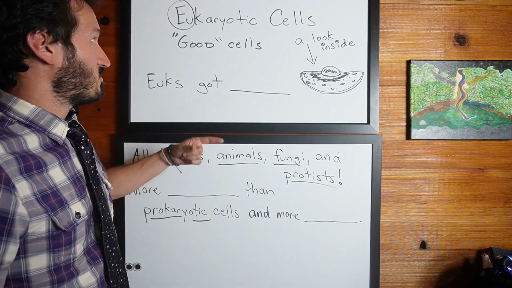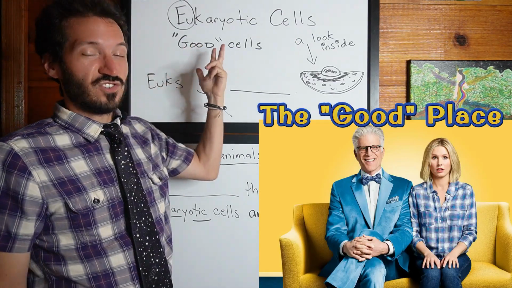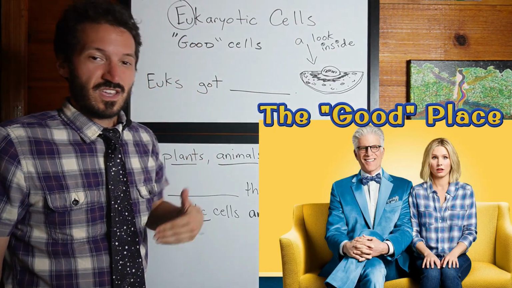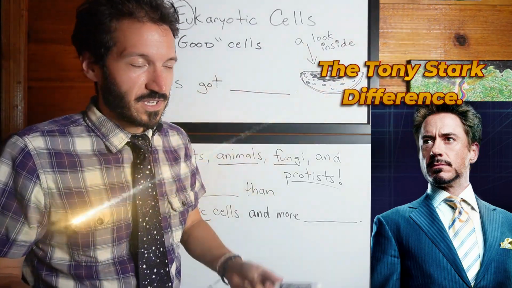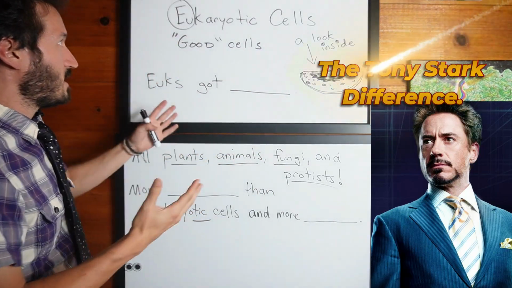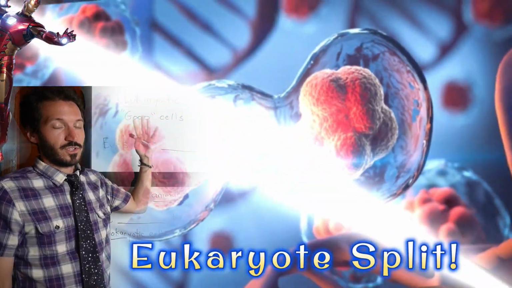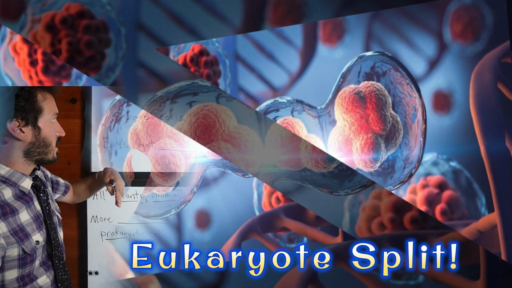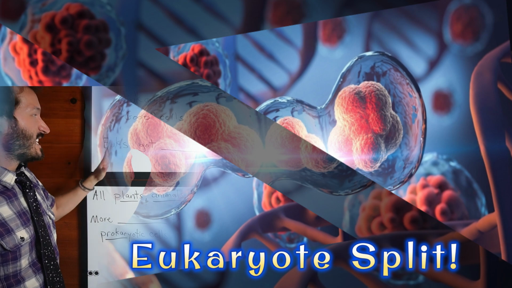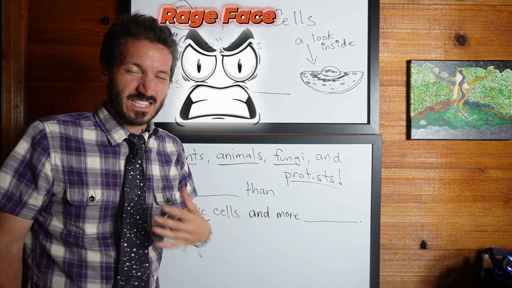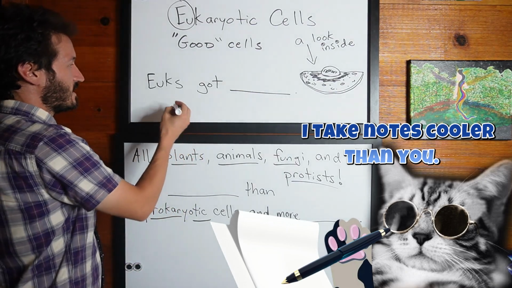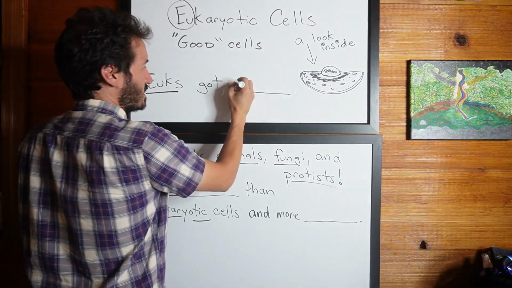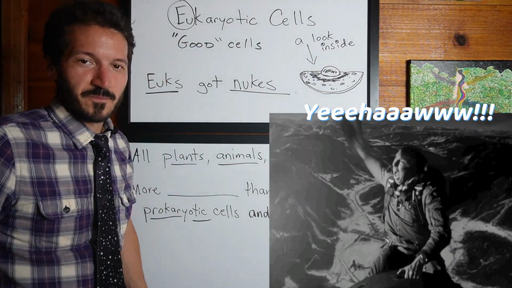Today we're talking about the good cells, the eukaryotic cells. This is in stark difference with prokaryotic cells. The main difference between eukaryotic cells versus prokaryotic cells is that, and this is a fun, easy way for all you folks out there to remember, I like to say Ukes got nukes.